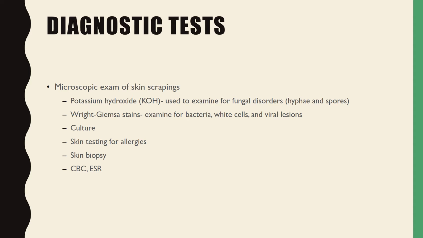That's used to examine for fungal disorders, and you'll see the hyphae and spores, and I'll show that to you in a little bit. There's the Wright Giemsa stains, and they examine for bacteria, white cells, and viral lesions. You can do a culture, you can do skin testing for allergies, skin biopsies, and then you can always get that CBC and sed rate to look for inflammatory processes or elevation of your white blood cells.